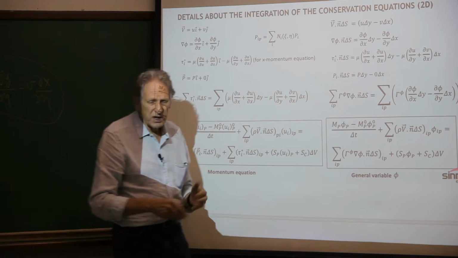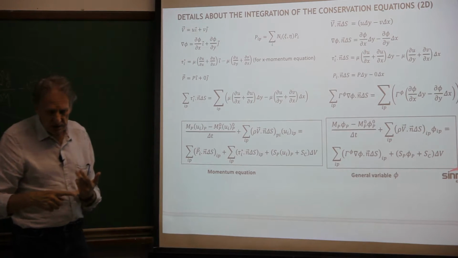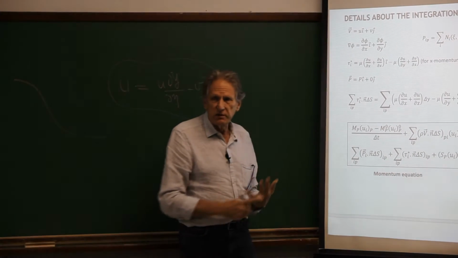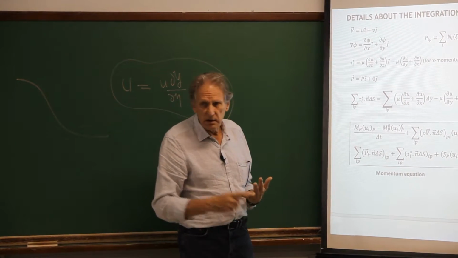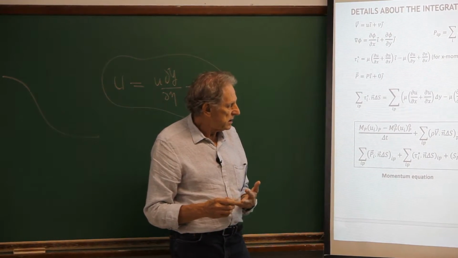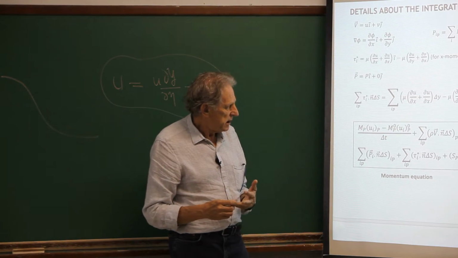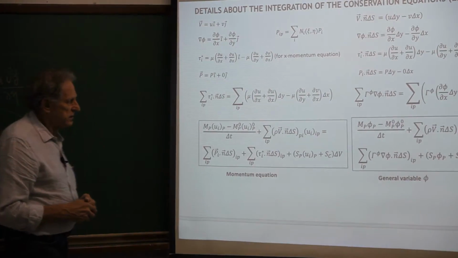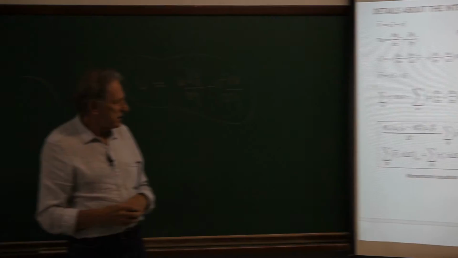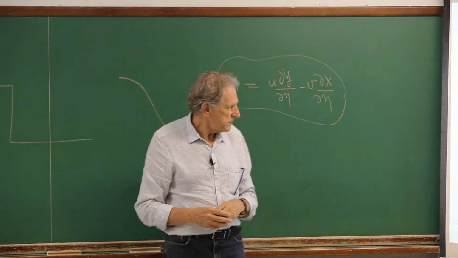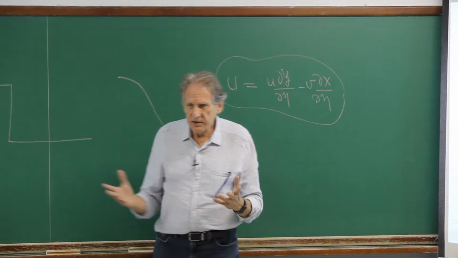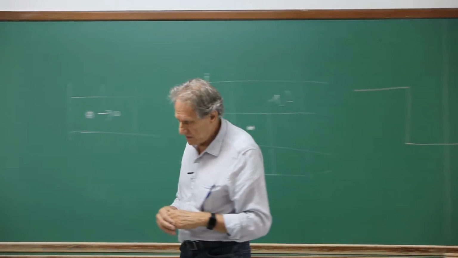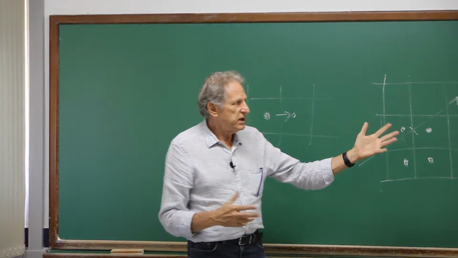If phi is kinetic energy of turbulence, if phi is dissipation of kinetic energy, in turbulence, now k is the kinetic energy, and epsilon the corresponding dissipation of the kinetic energy. So it's really easy.